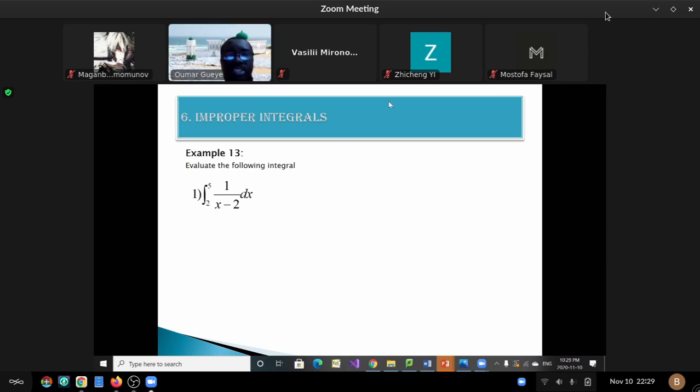And for this example, what we have to do is to remove 2. So we have to calculate the limit of the integral from t to 5 of 1 over x minus 2. We let t approach 2, but is t approaching 2 from the left or from the right?